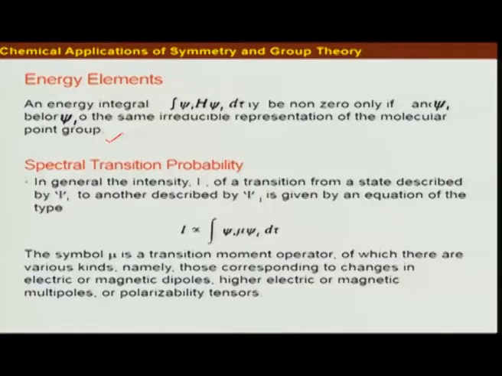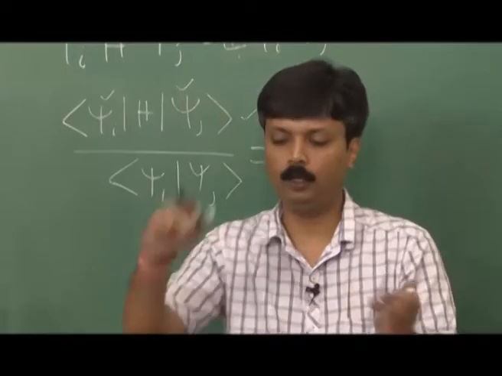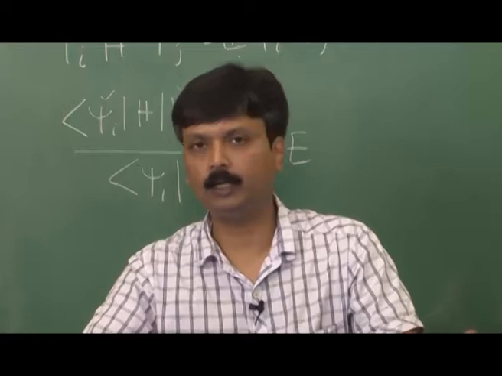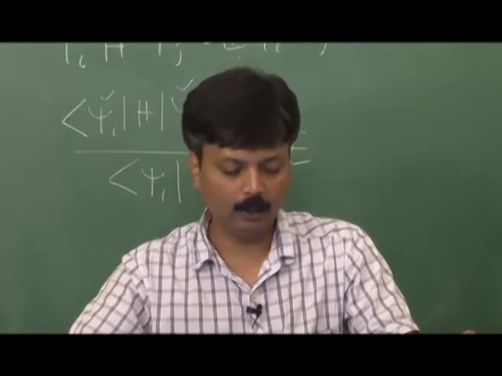Now the next important thing that we will be talking about is the spectral transition probability, and we will see how this direct product helps us in getting this spectral transition probability. So we are already in the application part in some way. For any transition between two states, it can be an electronic state, vibrational state, or any other state.